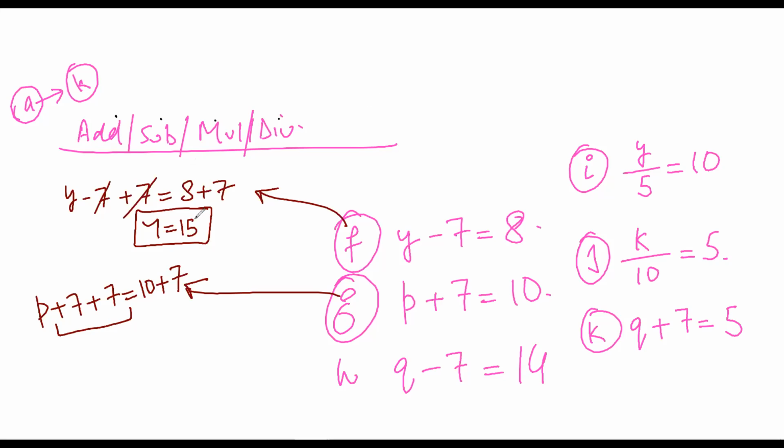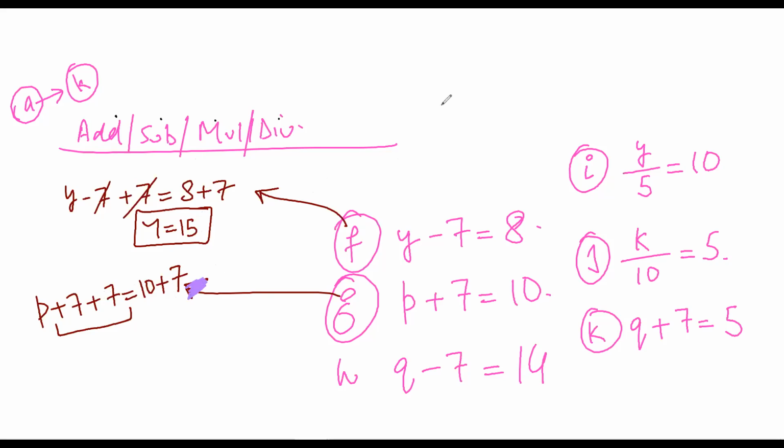To get the value of b, we need to cancel both of them. So when we cancel both of them, only 10 plus 7 remains. So 10 plus 7 is 17. So value of b is 17.